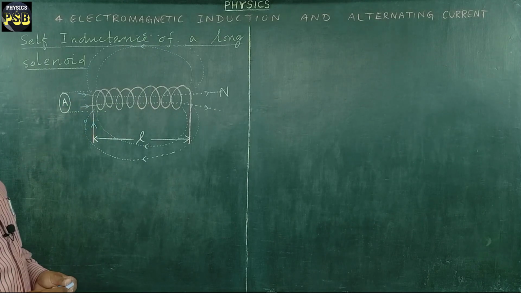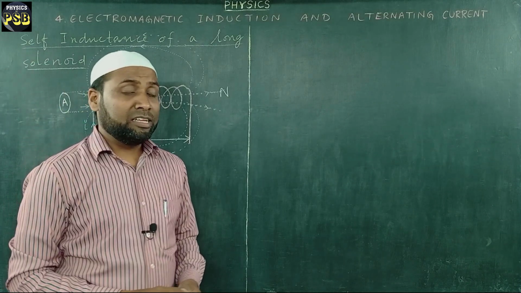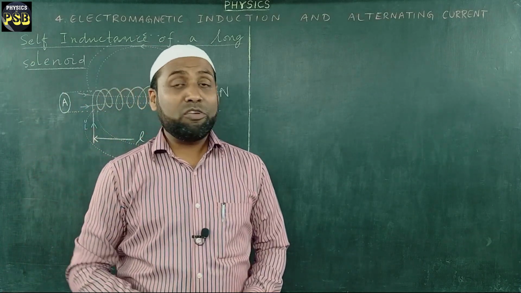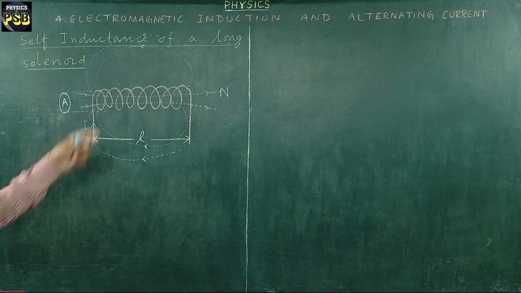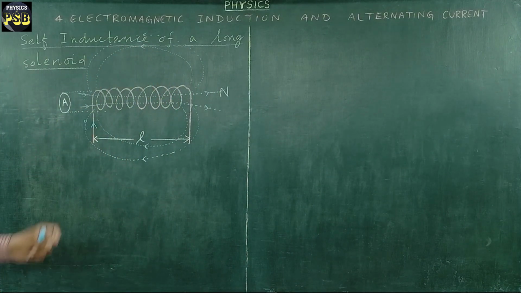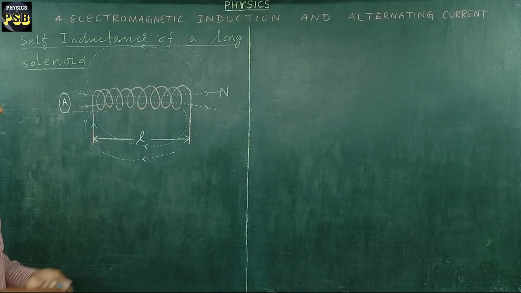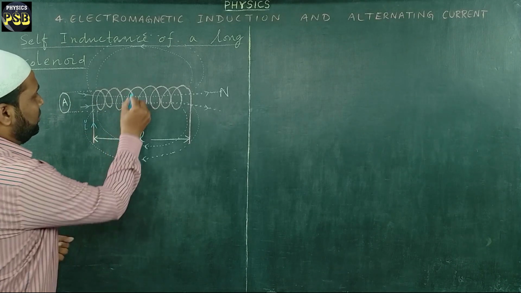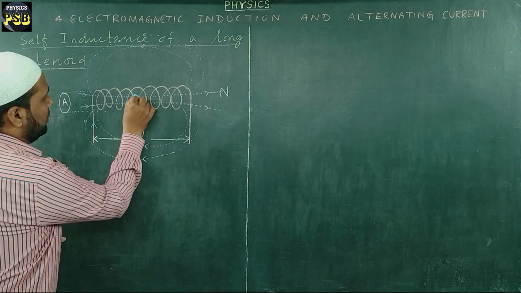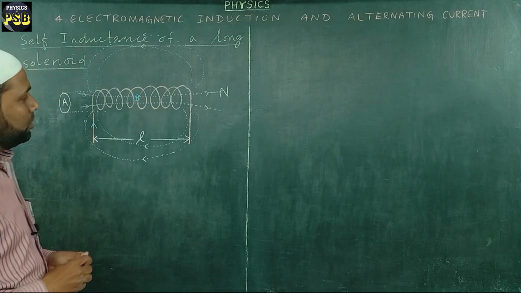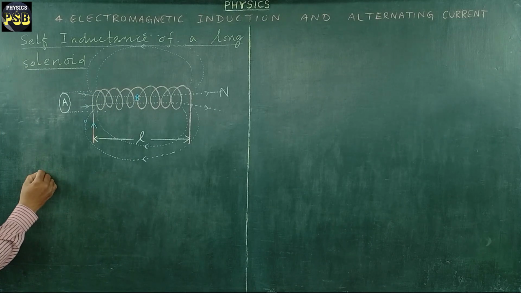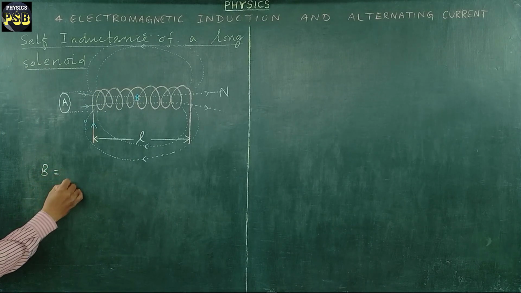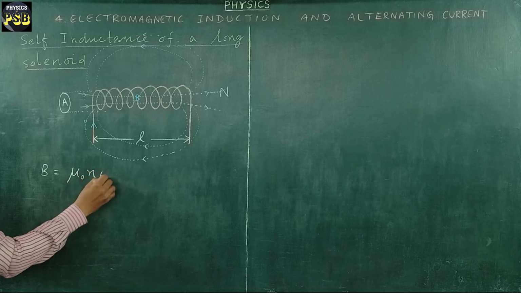We know when magnetic field lines go parallel to each other, we call such a magnetic field a uniform magnetic field. Now, in the case of a current carrying solenoid, the magnetic field is uniform along its axis. Here, this magnetic field is represented by letter B, and it is mathematically expressed as B equal to mu naught N i.